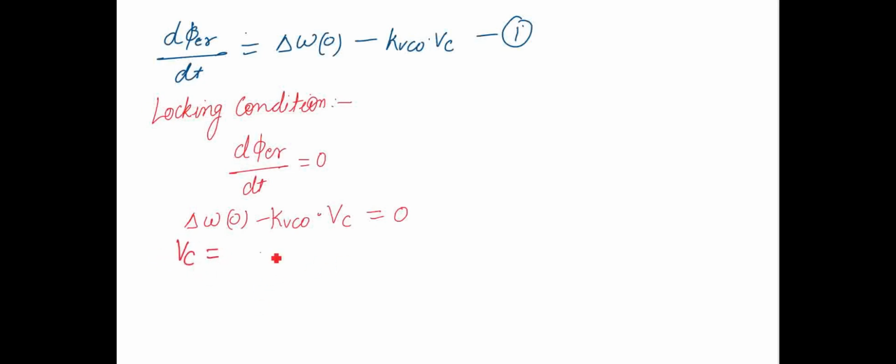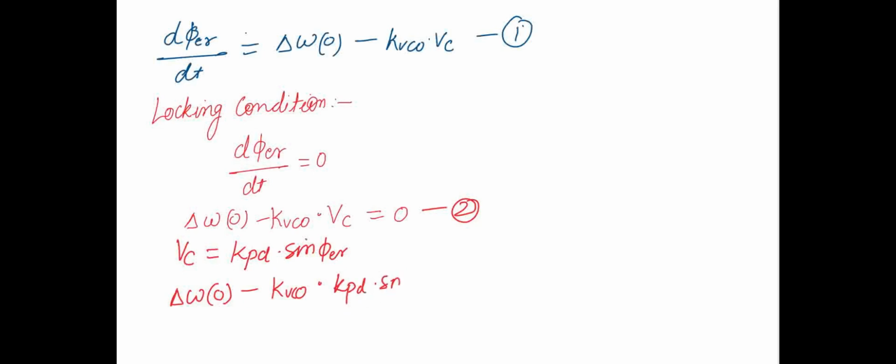We know that Vc equals KPD dot sin φ_error. Let's put this into equation 2. So Δω0 minus KVCO dot KPD dot sin φ_error equals 0. Now consider this total as K. So we can say Δω0 minus K sin φ_error equals 0.